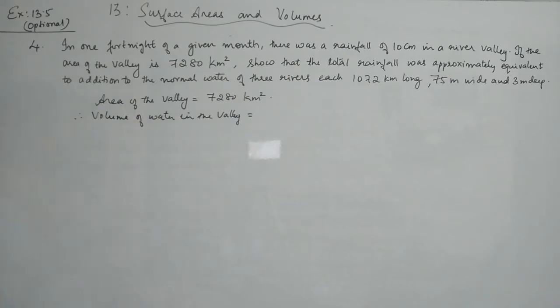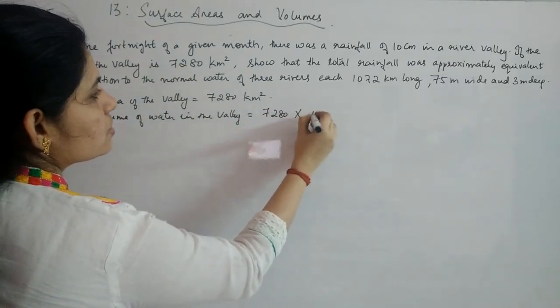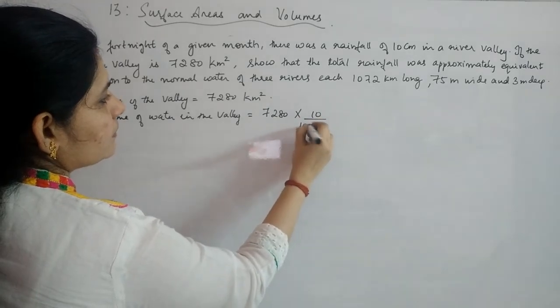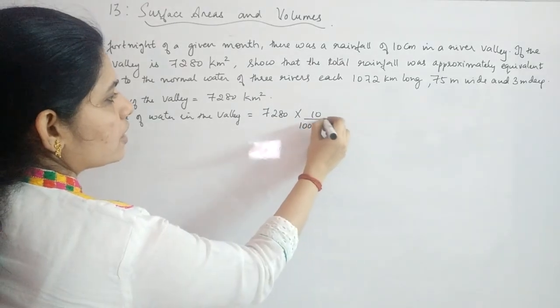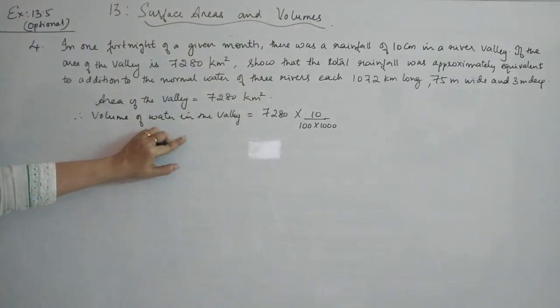That is in centimeters and you have to convert into kilometer. So 10 by 100 will give you meters, and again by 1000 will give you kilometers. That means you have altogether 2 plus 3, 5 zeros in the denominator. So 7280 kilometers into 10 by 100 for meters and the other for kilometer conversion.